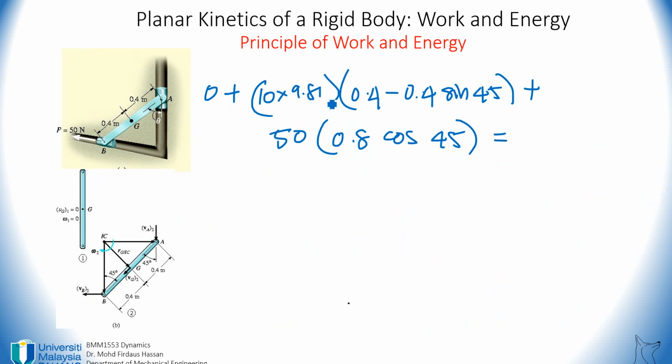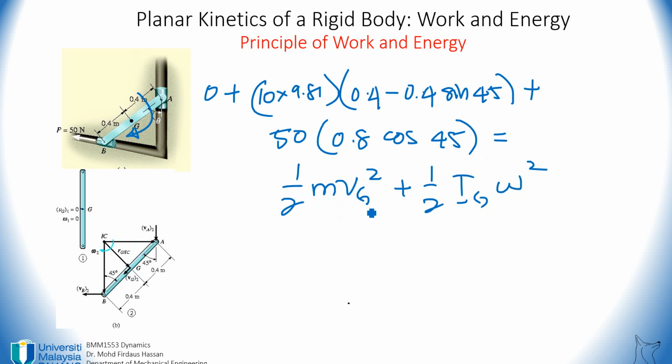First you have rotational motion, and at the same time you have the translation of the point G, because G is moving from here to here. So you have half m vG squared plus half Ig omega squared.